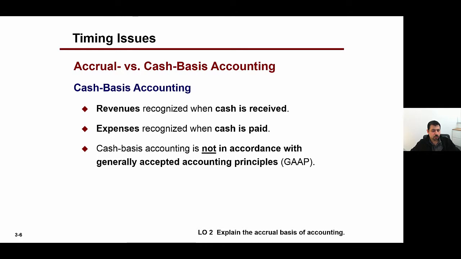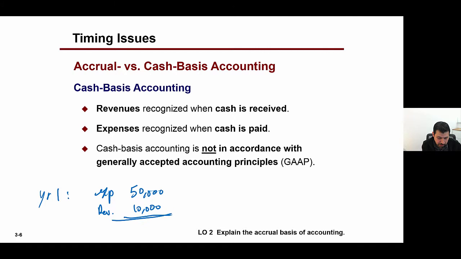In this case, what would happen is that in year one, the company will have expenses of $50,000. On the other hand, let's say that they had revenues of $10,000. In this case, they have a net loss of minus $40,000.